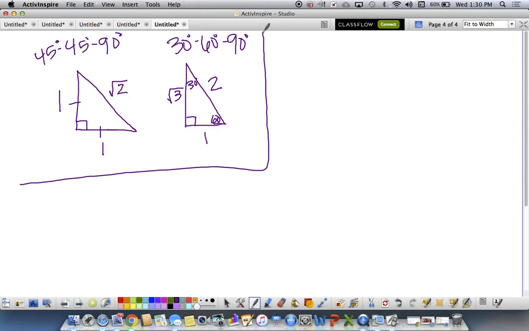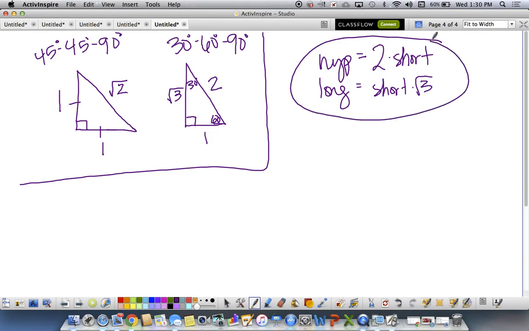I feel like I need to write those equations up there again. The hypotenuse equals what? 2 times the short leg. What about the long leg? Short leg times root 3. Important.